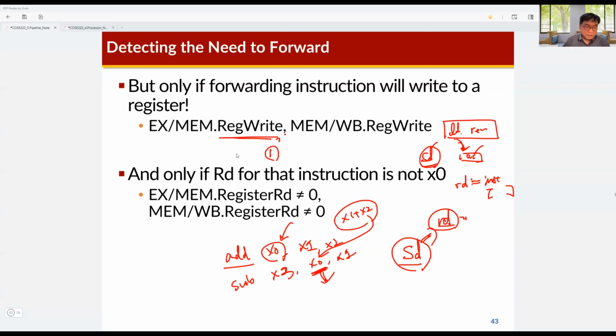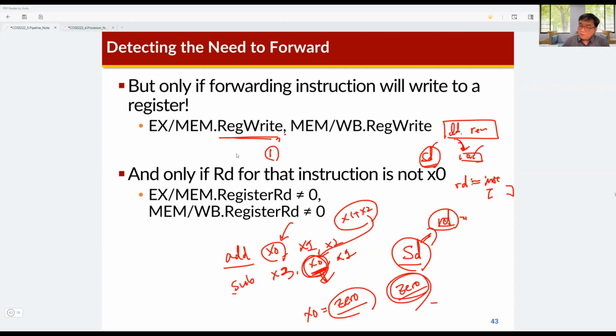Why? In the RISC-V instruction set architecture manual, we define that the value of x0 is always 0. So we cannot forward the result of x1 plus x2 to the x0 of the following instruction. x0 should always be 0.